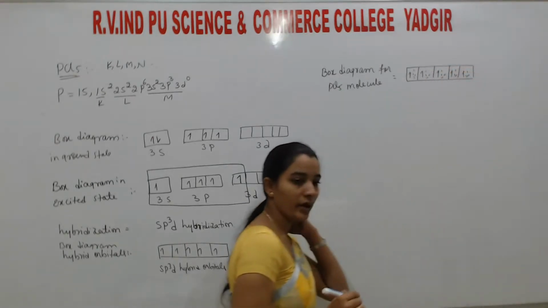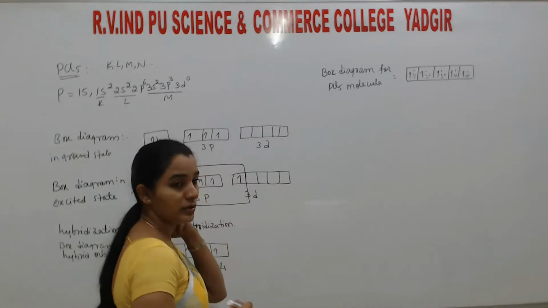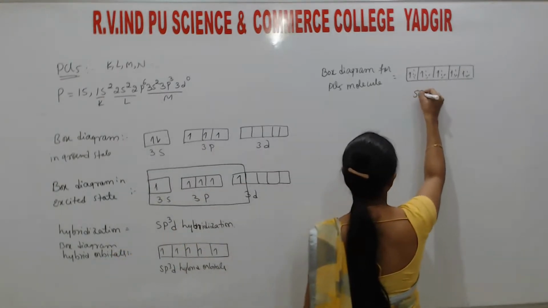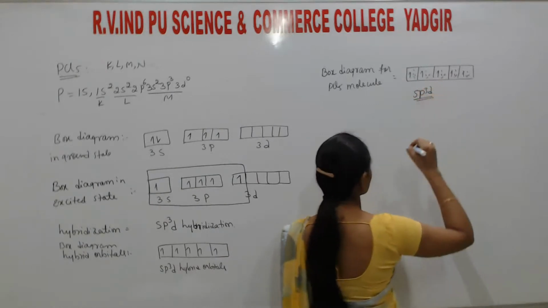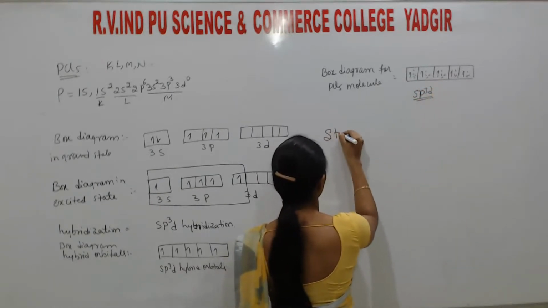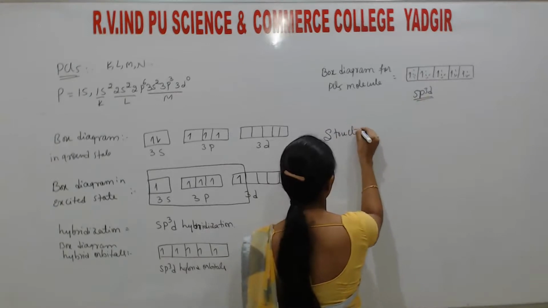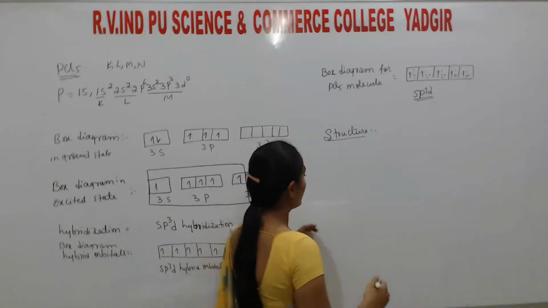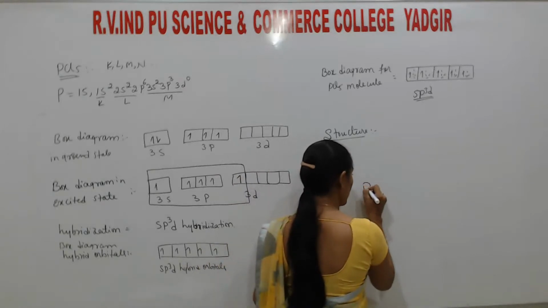This is the PCl5 molecule. Okay, so students, we know the hybridization is sp3d. Then the structure is what? Trigonal bipyramidal. Phosphorus is here.